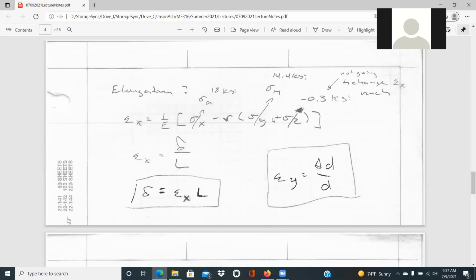Sigma Y is your hoop component, and sigma Z would be your minus pressure. You just need to know the Young's modulus and the Poisson's ratio for the material, and you could figure out your strain in the X. If you know the length of your pressure vessel, you can then calculate the displacement.